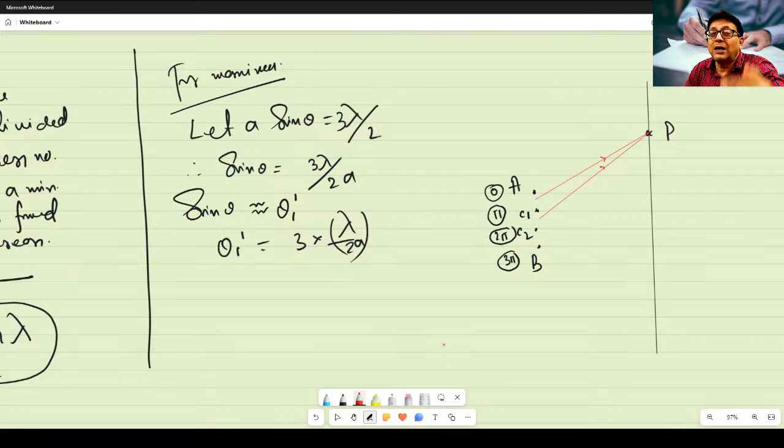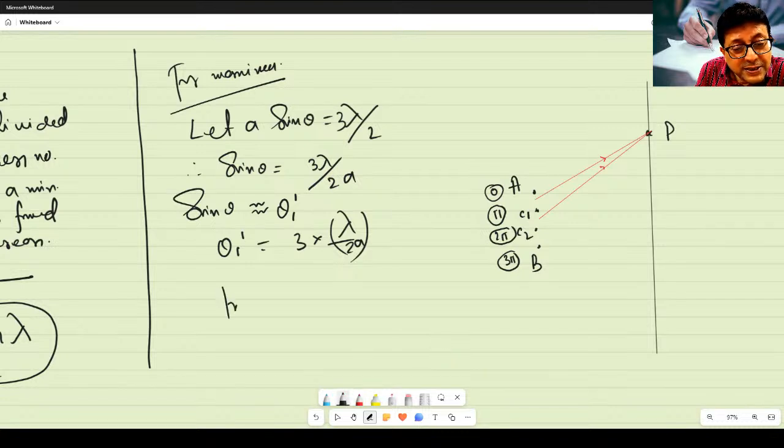Light from the third part will reach the point P and it is uncancelled. So when it reaches the point P, although intensity is reduced, because you have divided that wavefront into three parts and only one part is reaching, there will be a maximum. So let me write this.